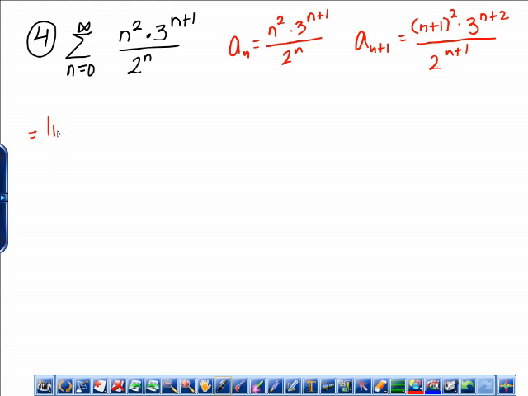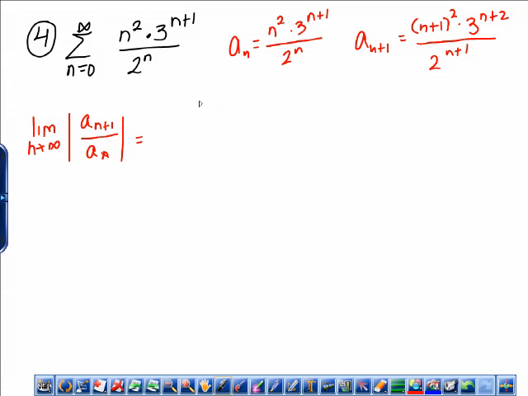Alright, so remember we're doing, I need to write an equal sign there, the limit as n approaches infinity of the absolute value of the n plus 1 term divided by the nth term.